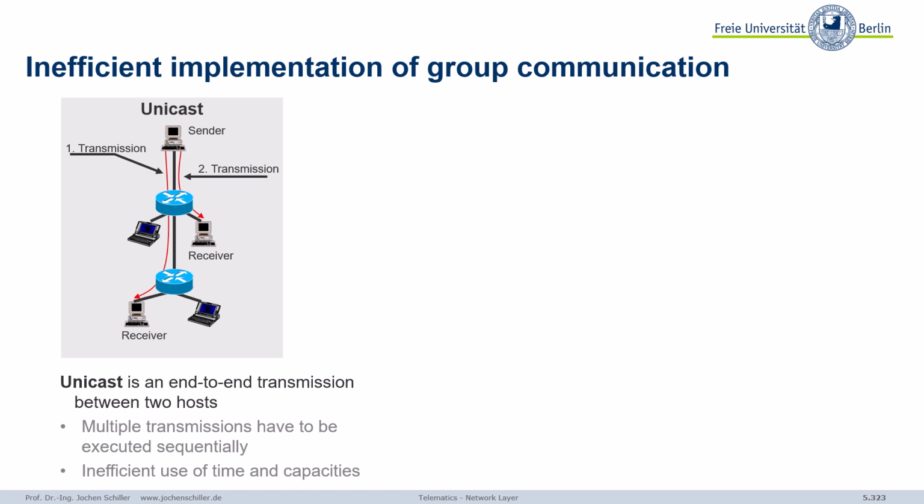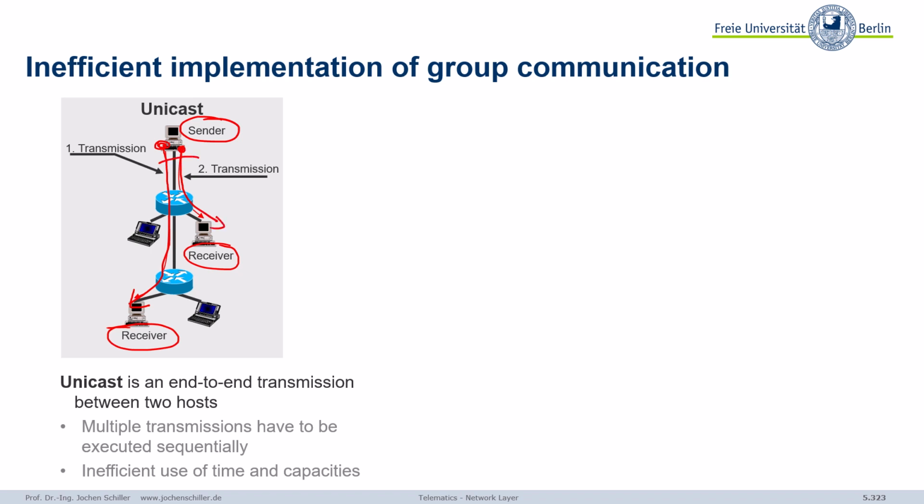Think of having a sender, maybe with a TV program or a video or a concert, and you, as a receiver, you want to watch this concert. There will be an individual data stream from the sender to the receiver, Unicast. And if now the second viewer joins, there will be a second data stream also to this receiver.